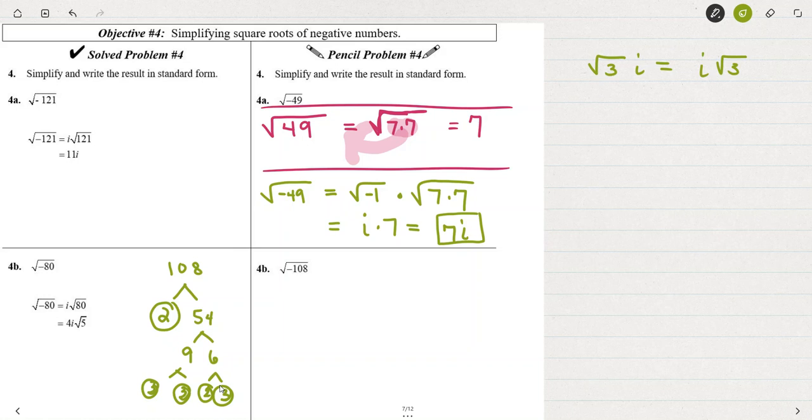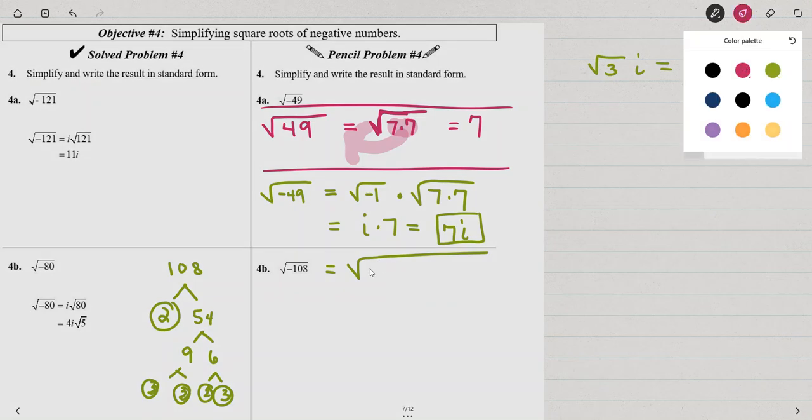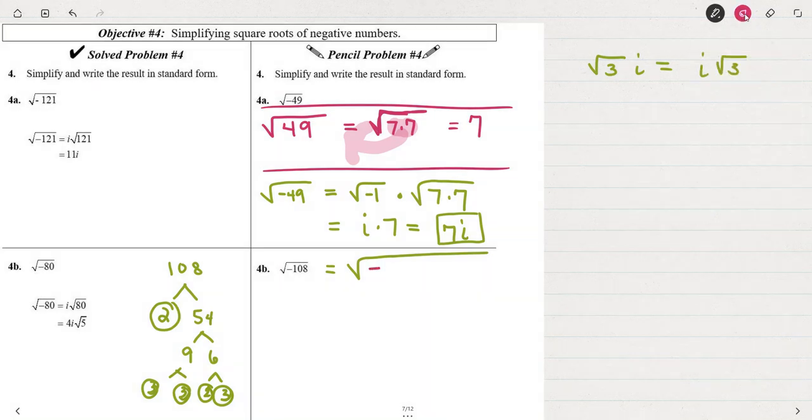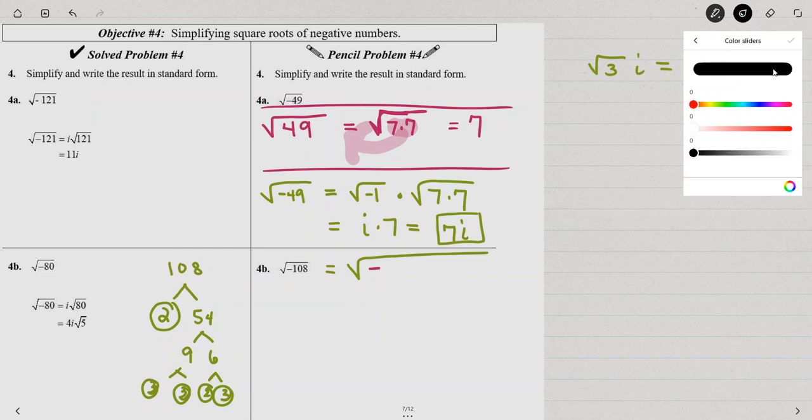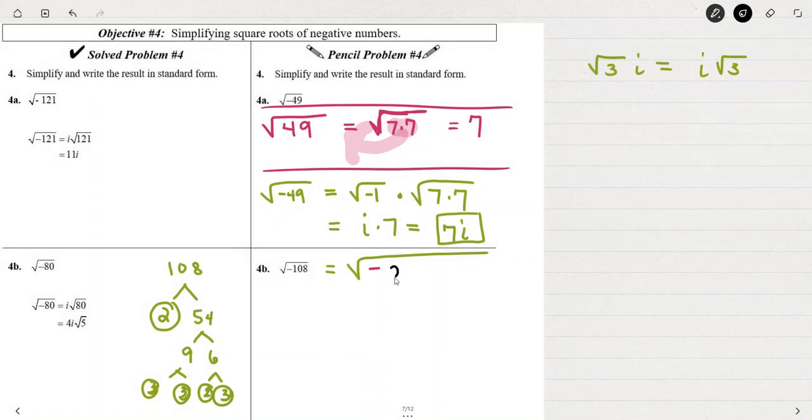And I can use that factor tree to rewrite this. I'm going to be really careful with that negative, not to lose it. 108 we could rewrite from our factor tree with 3 2s. I know you could write it 2 cubed, but I'm going to write it 3 cubed. Oh, actually, I'm reading that wrong.